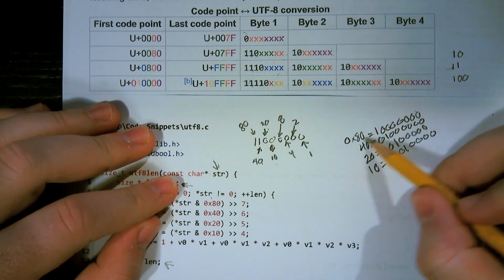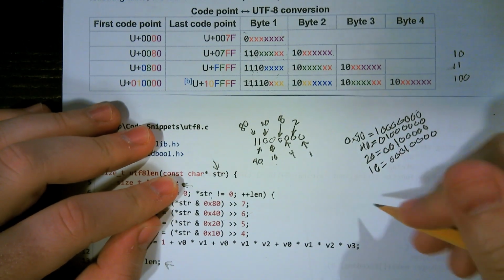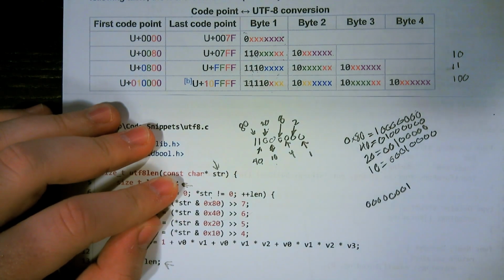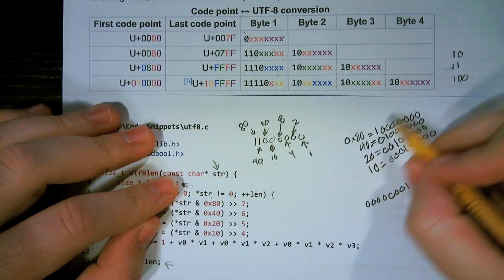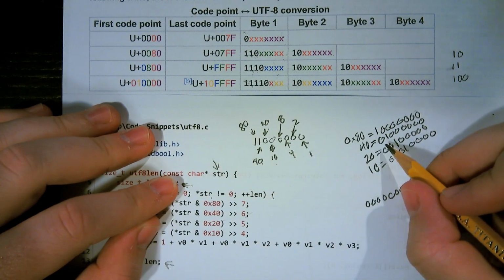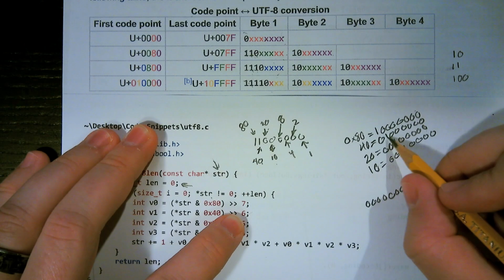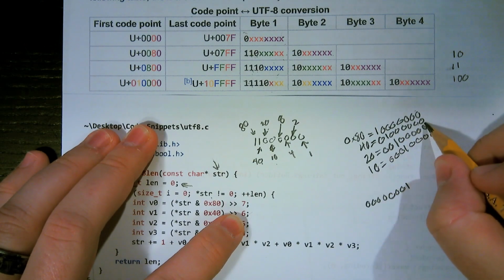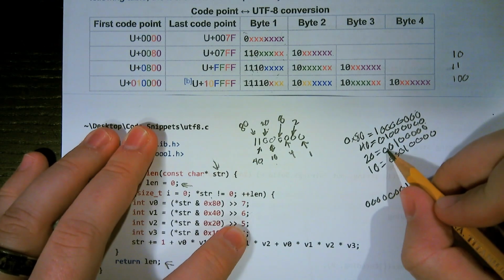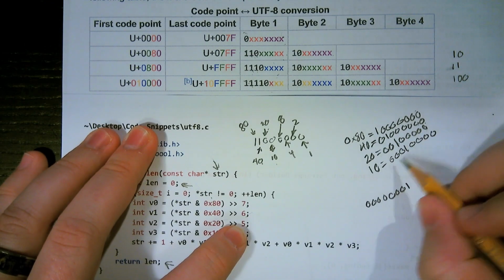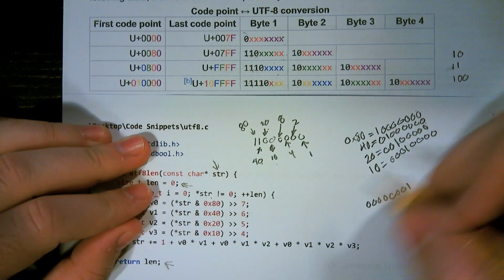If we shifted 0x80 by 7, we would wind up with 0, 0, 0, 0, 0, 0, 0, 1, where this is all the way at the end. It's not flipping though, because remember this one gets pulled over by 6, so 1, 2, 3, 4, 5, 6. It goes to the end. This next one is 5, and so we go 1, 2, 3, 4, 5. So notice they all end up at the end.